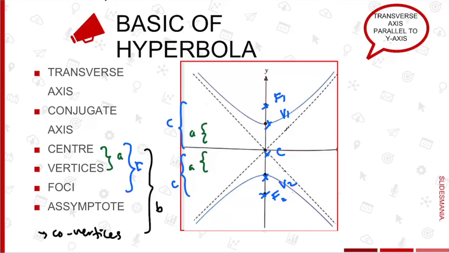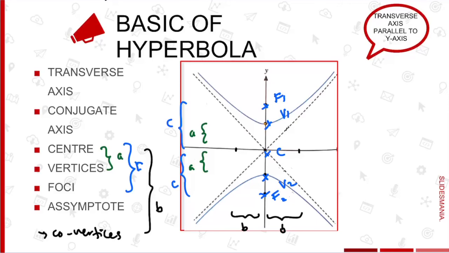So from our center to the co-vertices is distance B. There are two distances here: from center to a co-vertex is B, and from center to the other co-vertex is B. So how can we find the asymptote?